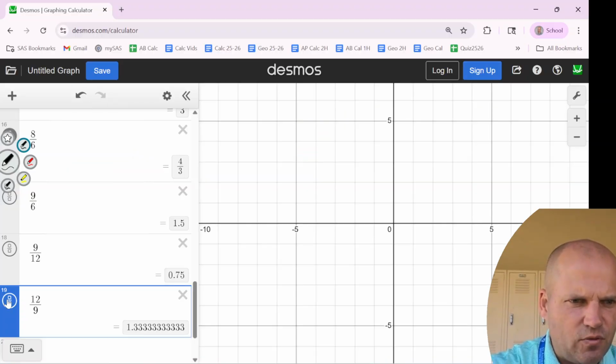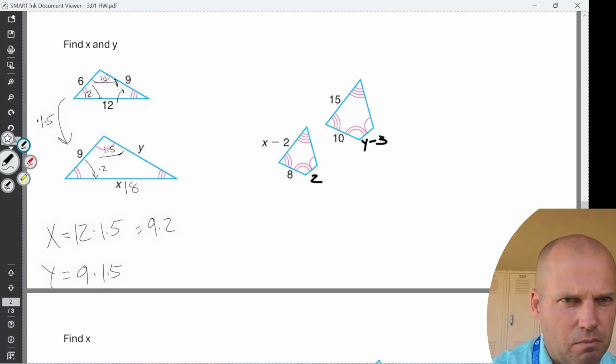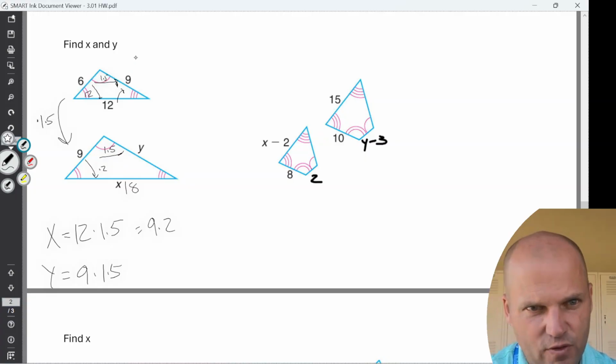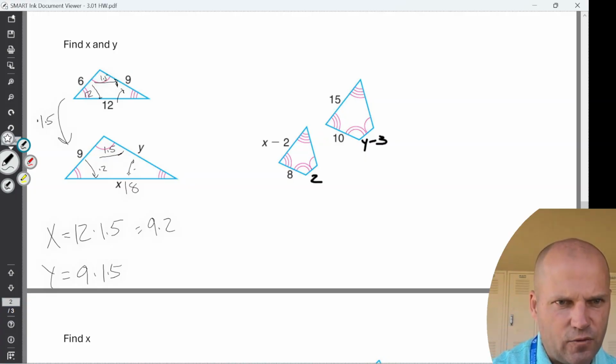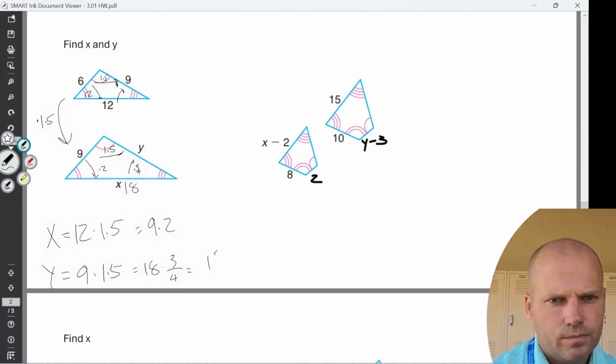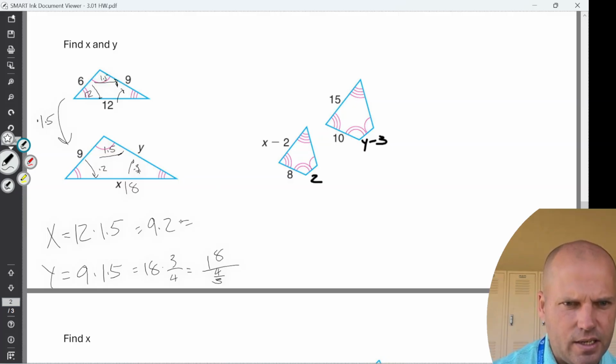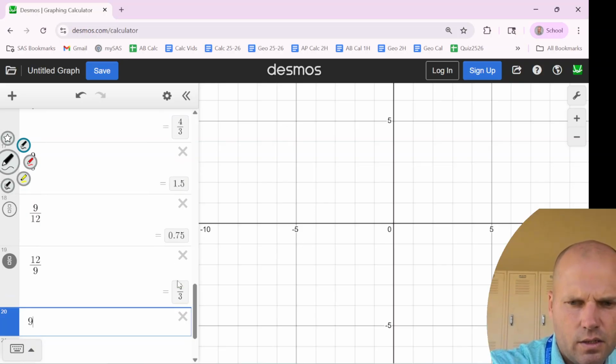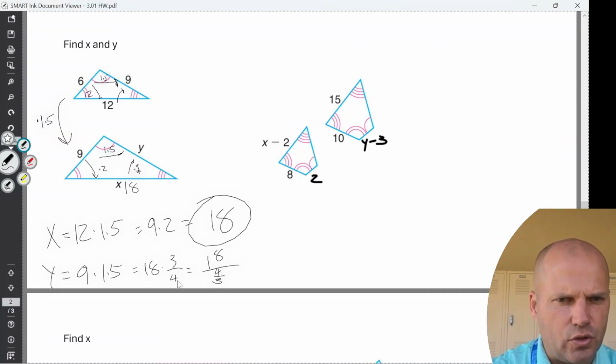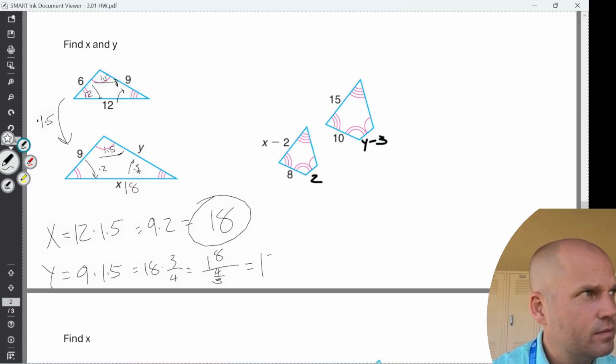So that's times 4/3. You can multiply by 4/3 or divide by 4/3. You can multiply by 3/4. There's different ways to use your calculations. And you'll get your answer 18 for x. And then you get your answer 13.5 for y.